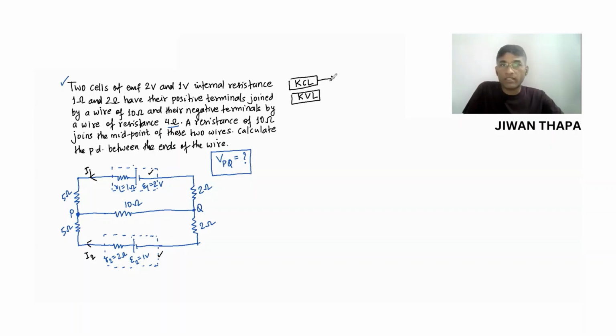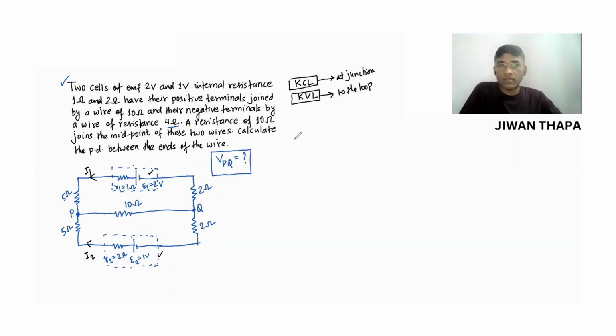So we apply the first law, KCL, at a junction, and we apply KVL to the loop or closed circuit or closed path.